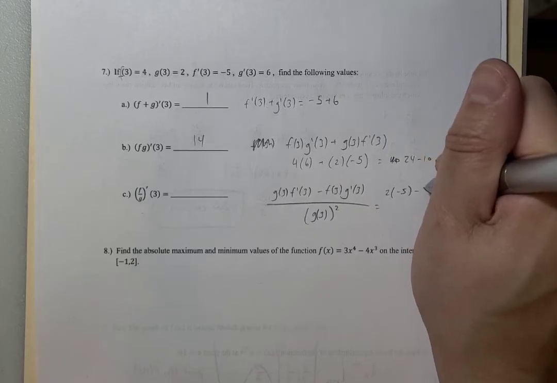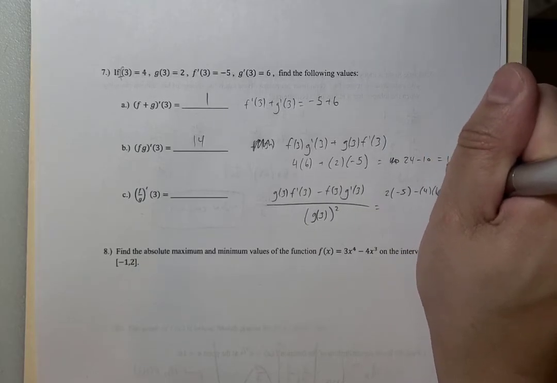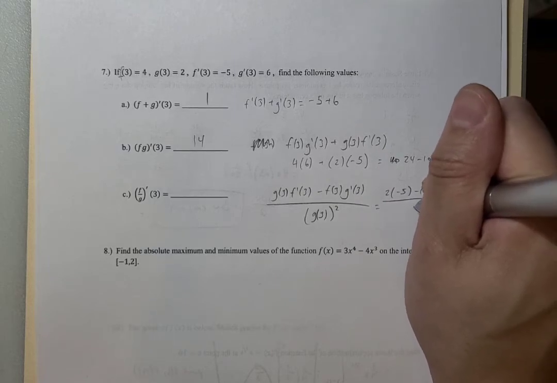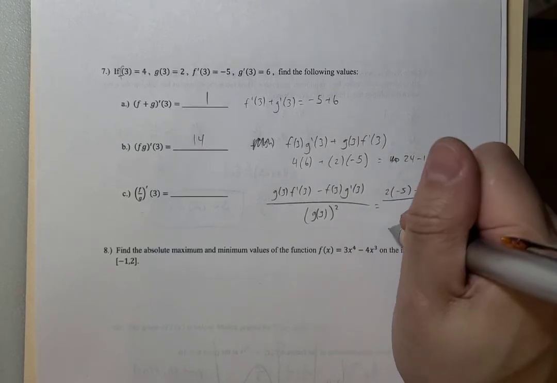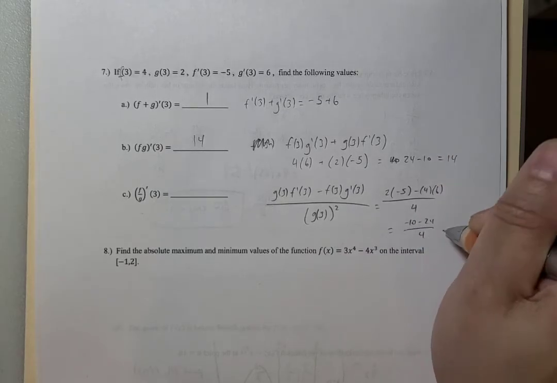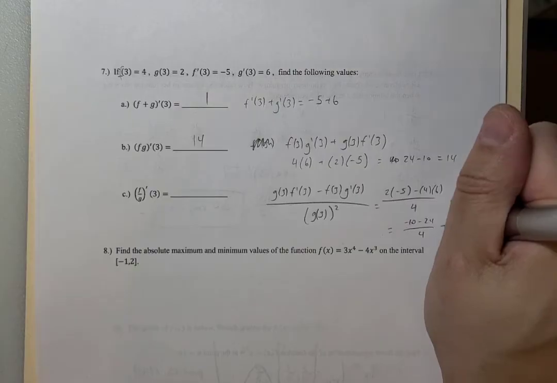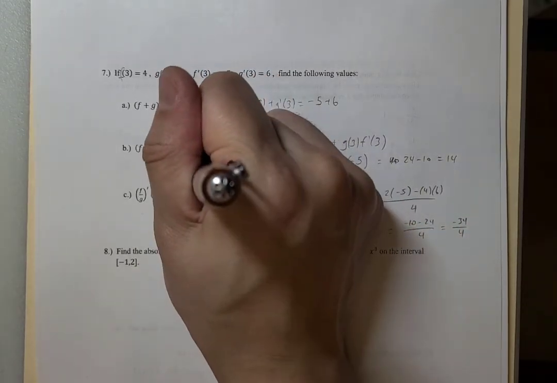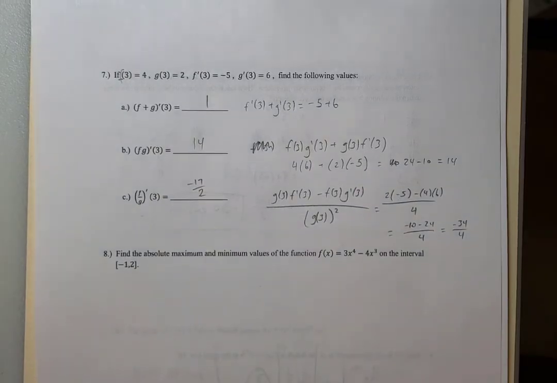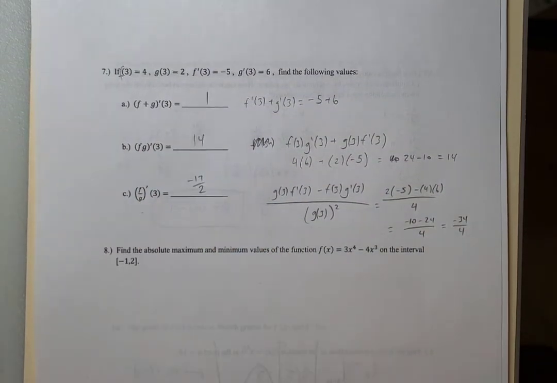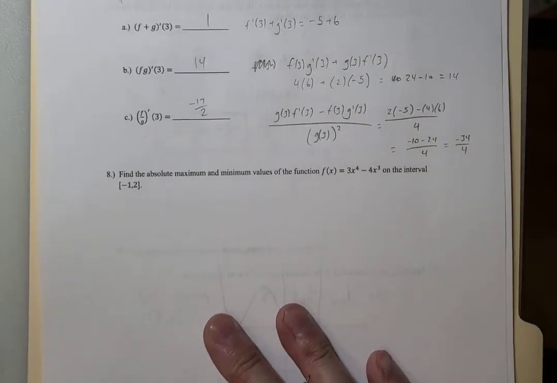Minus f of 3 is 4, g prime of 3 is 6, over bottom squared, g of 3 is 2, 2 squared is 4. Okay, so this is minus 10 minus 24 over 4, which is minus 34 over 4, which we can simplify, minus 17 over 2. Okay, so this is just testing your rules for differentiation properties.